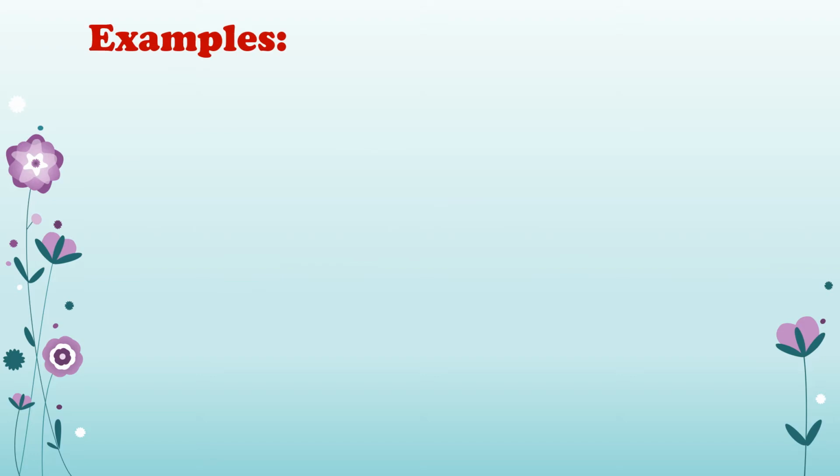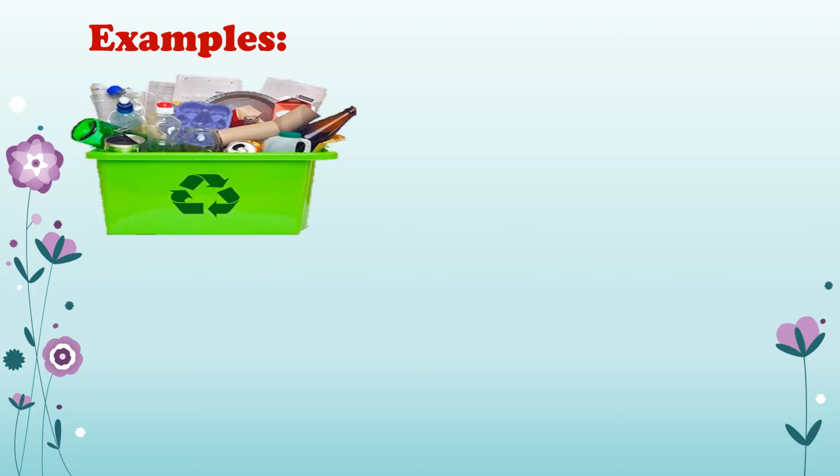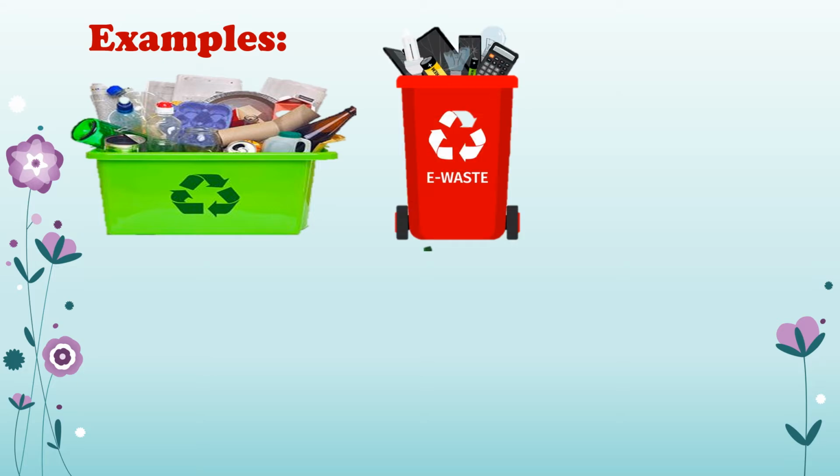The examples of these materials are the old materials that you didn't use, so you can recycle or use them again. First one is e-waste, like the bulb, the flashlight, the calculator.